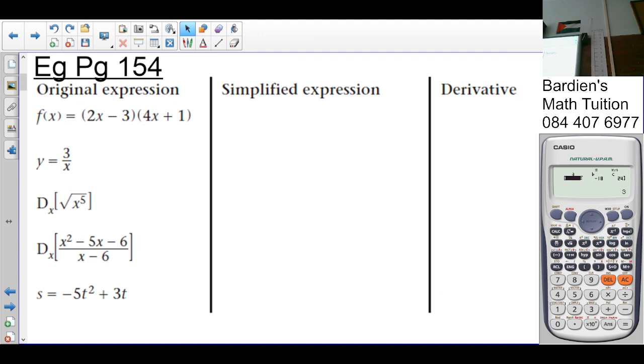We are given f of x equals 2x minus 3 times 4x plus 1. The question you should ask yourself is: is this expression in the form of ax to the exponent n? No, because we must multiply it out. So what's the first thing we need to do? Get rid of the brackets, multiply it. Do that quickly.